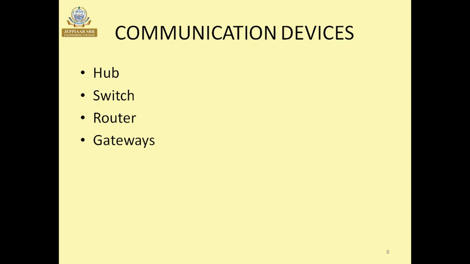So we are going to connect with the hub, switch, routers and gateways wherever it is required. When we connect with their help, we will be getting effective outputs. Now we can see one by one.